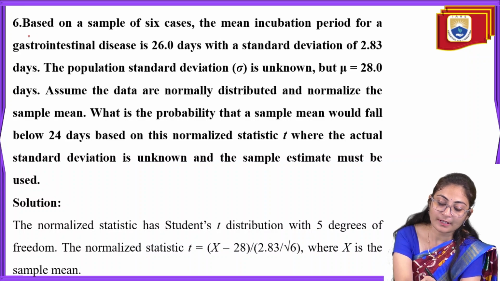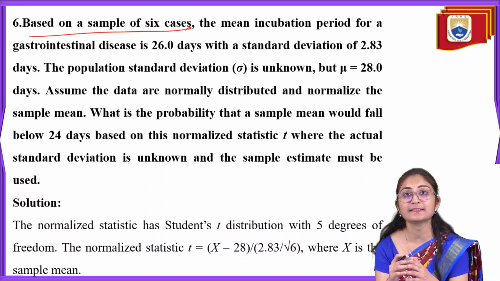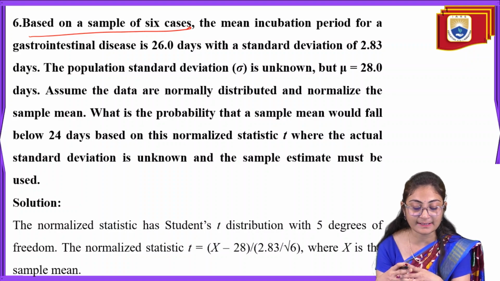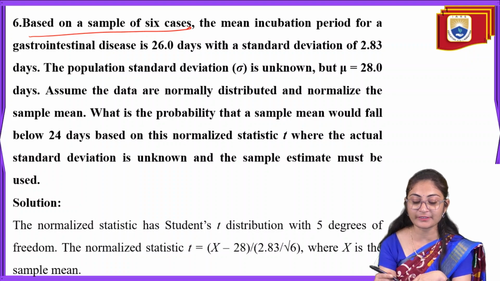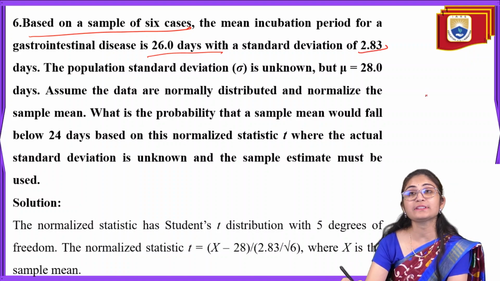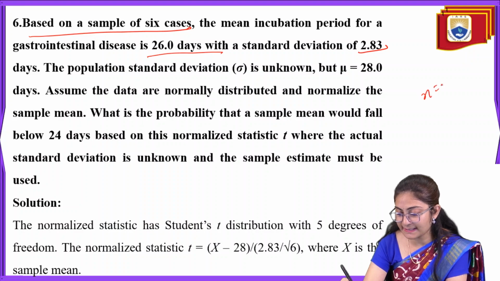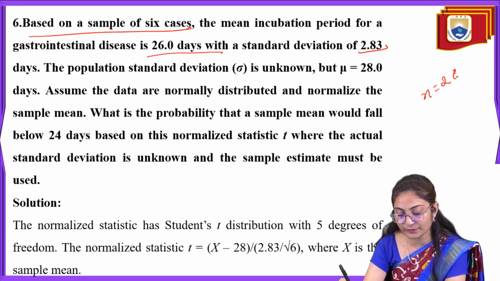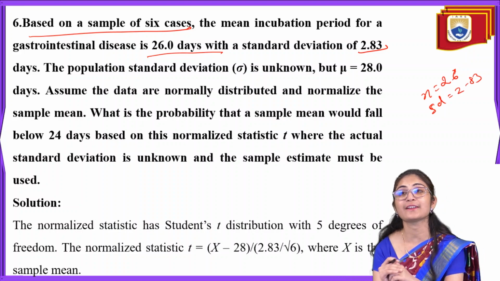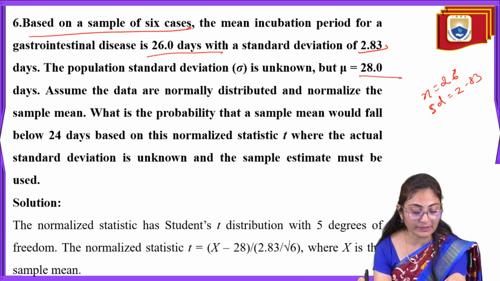Next question: based on a sample of 6 cases, the mean incubation period for a gastrointestinal disease is 26 days with a standard deviation of 2.83. So n is equal to 6 and the mean is 26. The population standard deviation sigma is unknown, but mu is equal to 28 days.